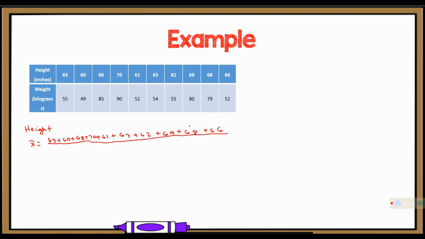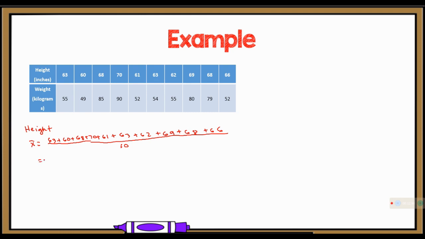Now, how many observations do we have? We have 2, 4, 6, 8, 10. So, all we're going to do is to divide the numerator by 10. So, please get your calculator. Mas maganda kung sinasabayan nyo ko para hindi kayo litong-lito.